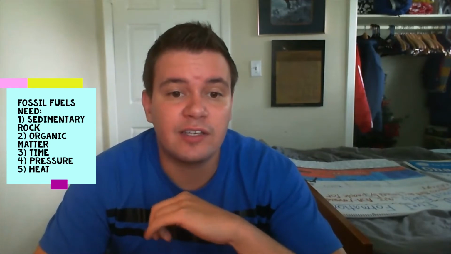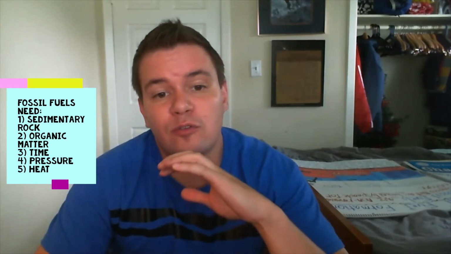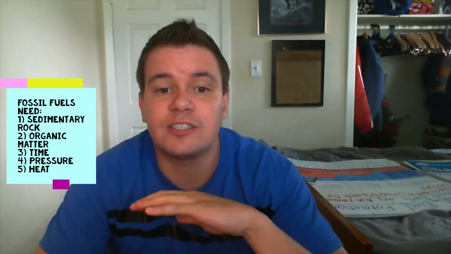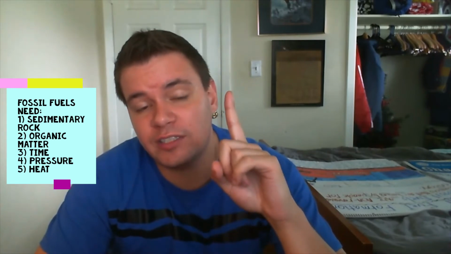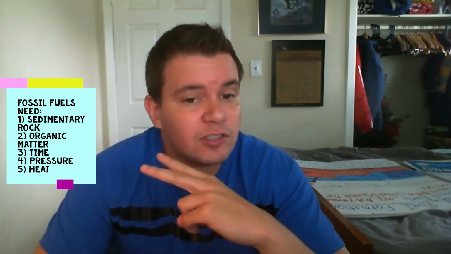That was today's lesson on the formation of fossil fuels. The key takeaways you should have is that in order for fossil fuels to form, you need several things. First, you need sedimentary rocks. Two, you need organic matter. So you need the fossils of plants and animals. Three, you need time.